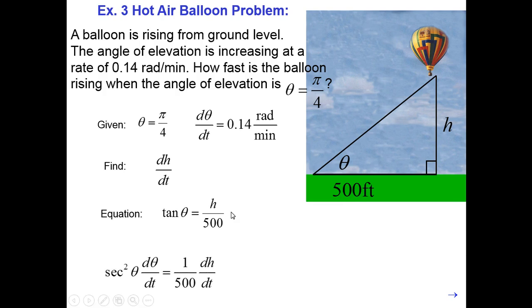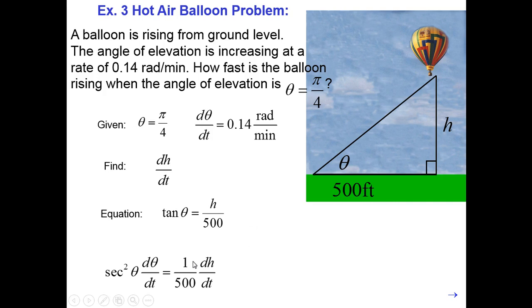Now, to take the derivative, make sure you see what I did here. The left side, tan theta, is a chain rule. The derivative of tangent is secant squared, evaluated at the inner, which is theta, but times the derivative of theta, which is d theta/dt. And then think about h over 500, that's the same as 1/500 times h.